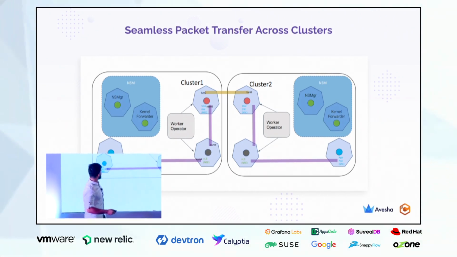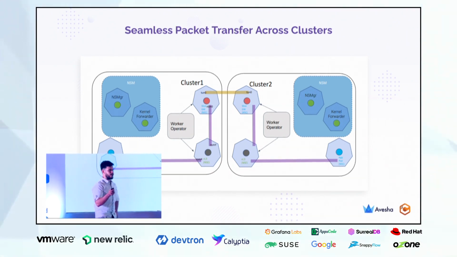Let's see how a packet from an app pod in cluster 1 routes to an app pod in cluster 2. Once the slice overlay network is set up on both clusters, you have to onboard an application pod to a slice.